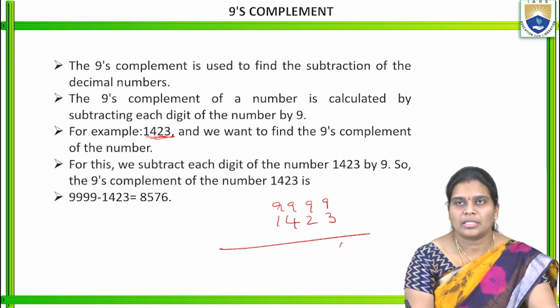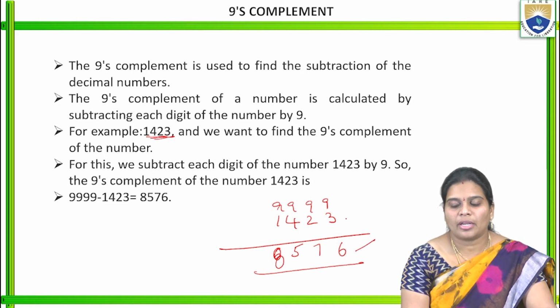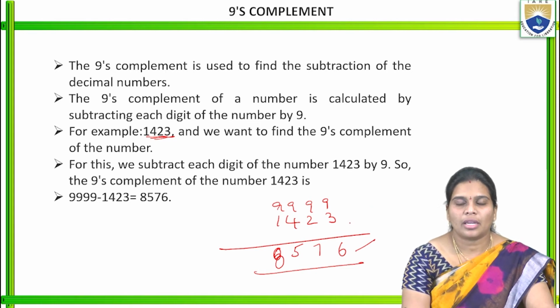So 9 minus 3 is 6, 9 minus 2 is 7, 9 minus 4 is 5, 9 minus 1 is 8. This is the 9's complement of 1423. In the 9's complement, each and every digit is subtracted from 9, then we get the 9's complement.